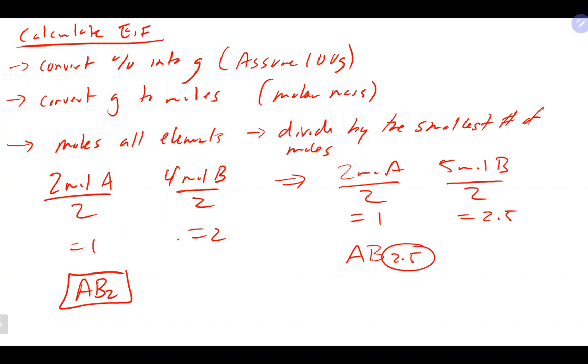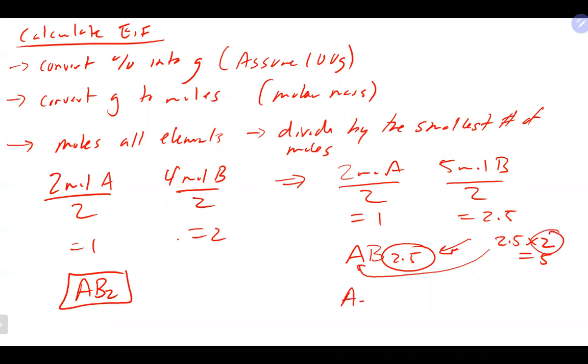Remember that these need to be whole numbers. This is too far to round when you got 0.5, 0.33, and things of that nature. So you need to multiply everybody by a common number to get to a whole number. So in this case, we took 2.5 and times it by 2, you get 5. We want to multiply not just that guy, but everybody by that factor of 2.